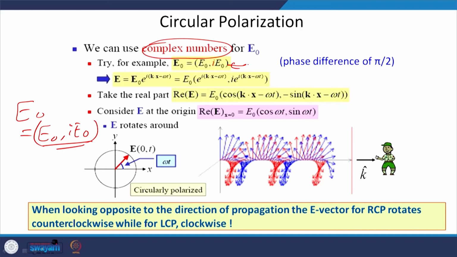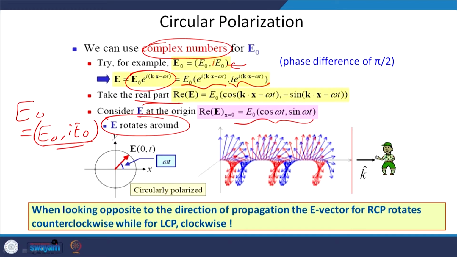You write the wave equation for a plane wave, and you resolve it in two components, the real part and the imaginary part. Now, take the real part and consider E at the origin, you get this relation, and E rotates around.